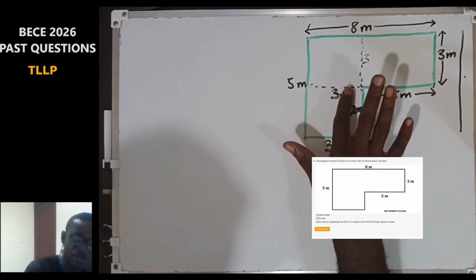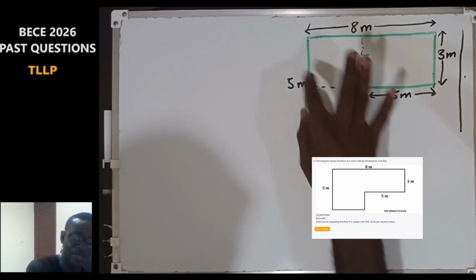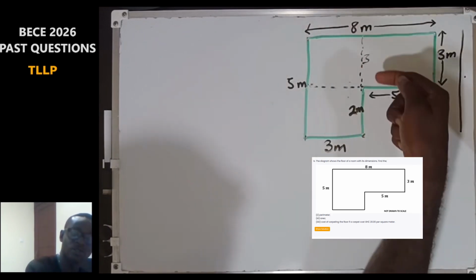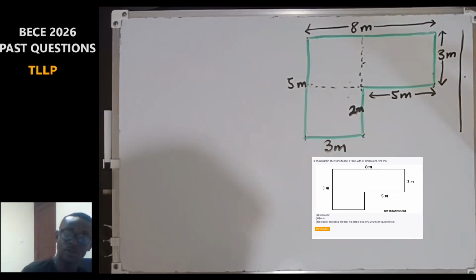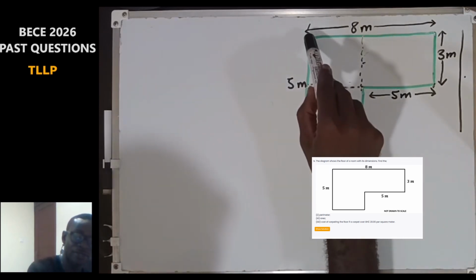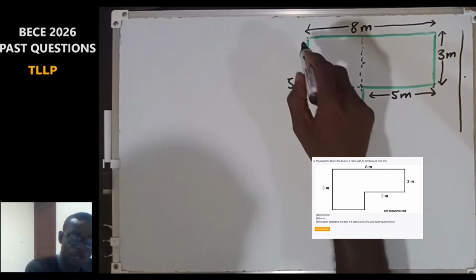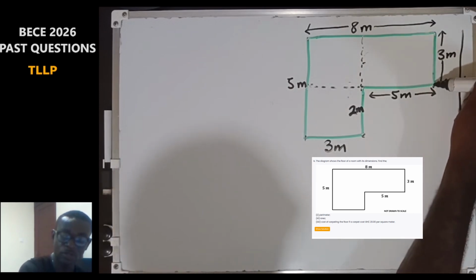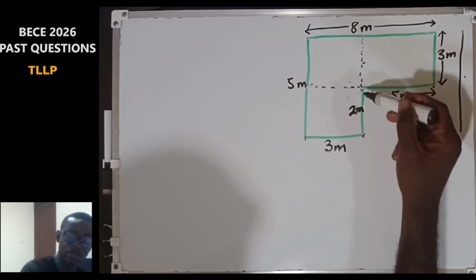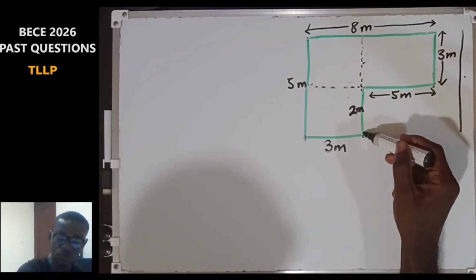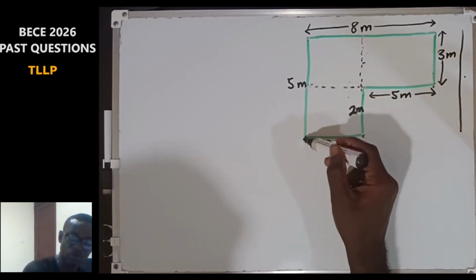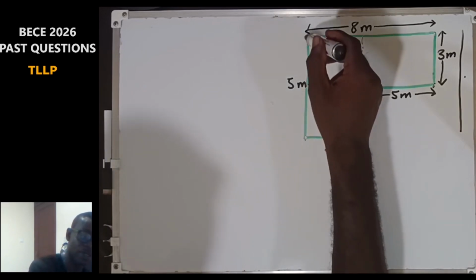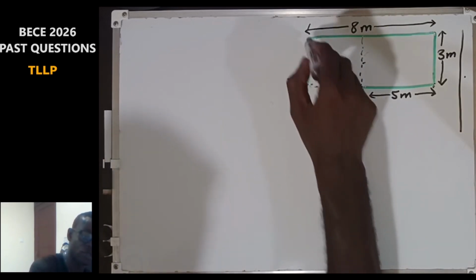And remember that perimeter is the distance around the object, not inside of the object. So it means we are adding 8 meters, then we add this 3 meters, then we add this 5 meters, then we add the 2 meters to here, then the 3 meters that we got here, then we add the 5 meters, that is from here to here.